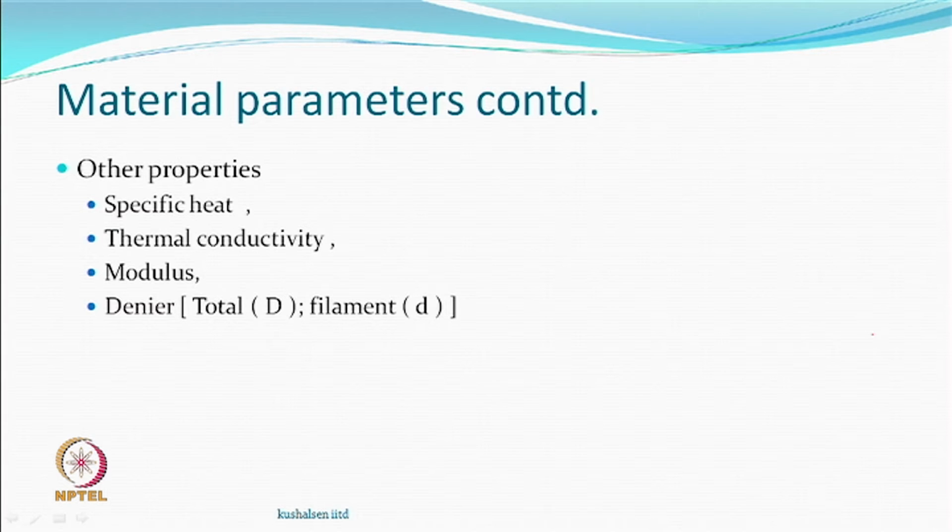So, we look at some other properties also, which means specific heat, thermal conductivity, modulus, etc. These are also the properties. They would play some role in heat transfer, heat storage, and of course, flexibility, etc.